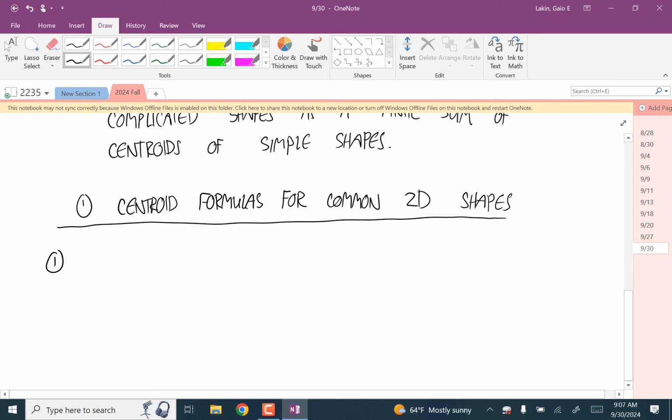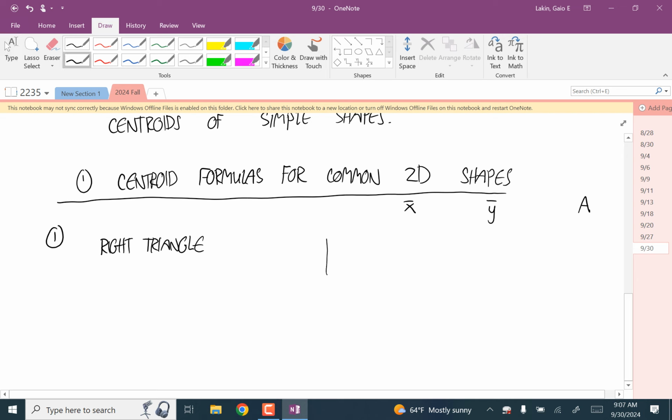So the first one is a right triangle. That's the one that we calculated. I'm going to give you the formula for the centroid along X, the centroid along Y, and then the formula for the area.